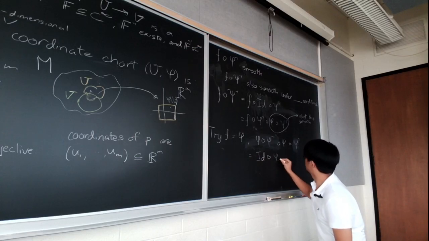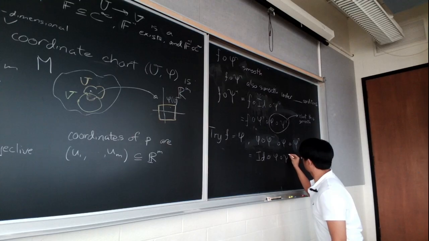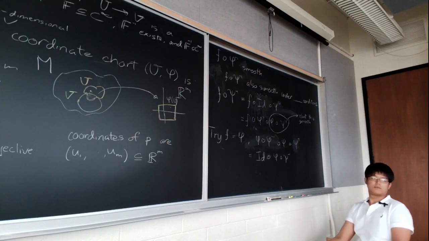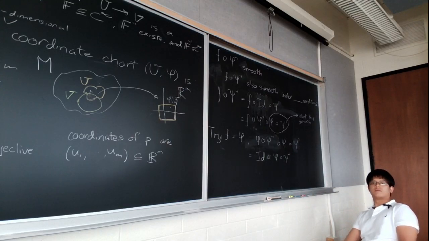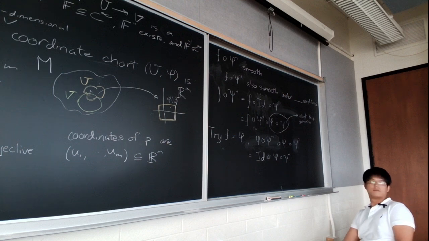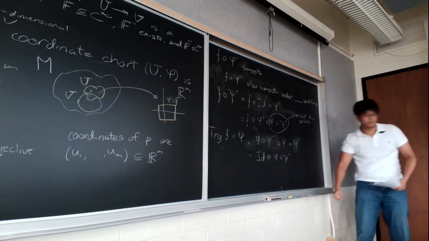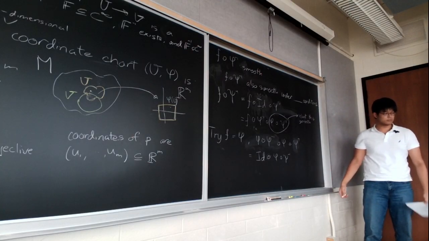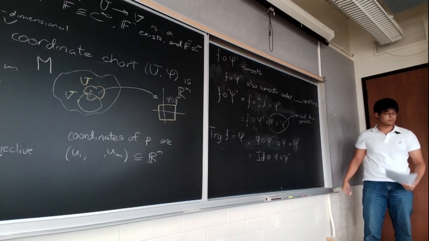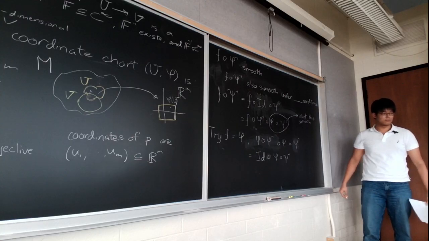So it's sufficient by the chain rule, but it's necessary because I can pick this particular f, and I get that it has to be smooth. Do you see now why this is necessary?